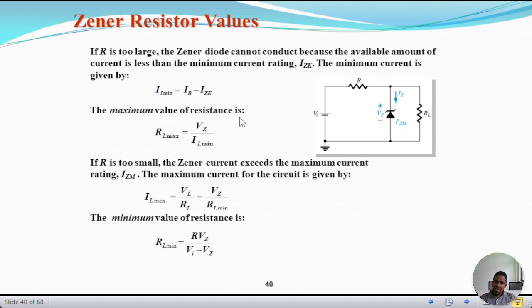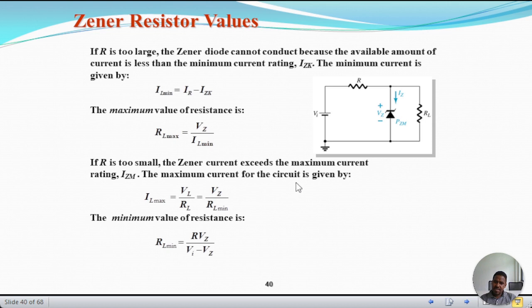The maximum value of load resistance becomes RL maximum equal to VZ over I load minimum. If R is too small, the Zener current exceeds the maximum current rating IZ maximum.